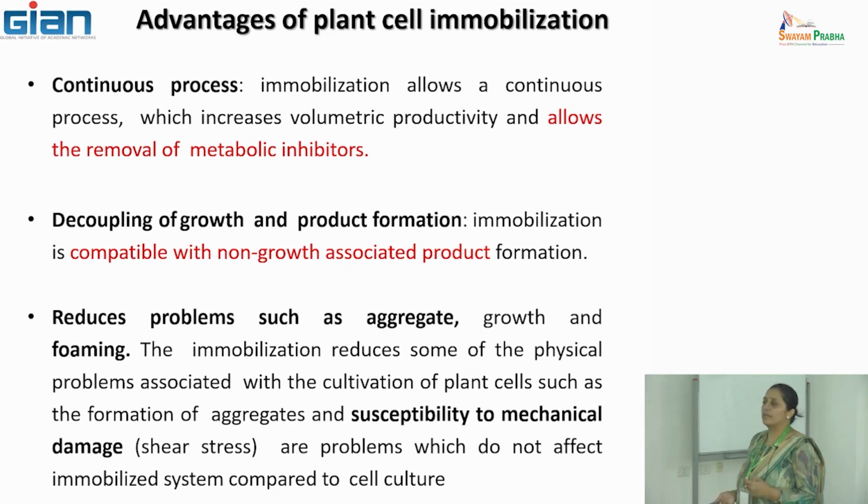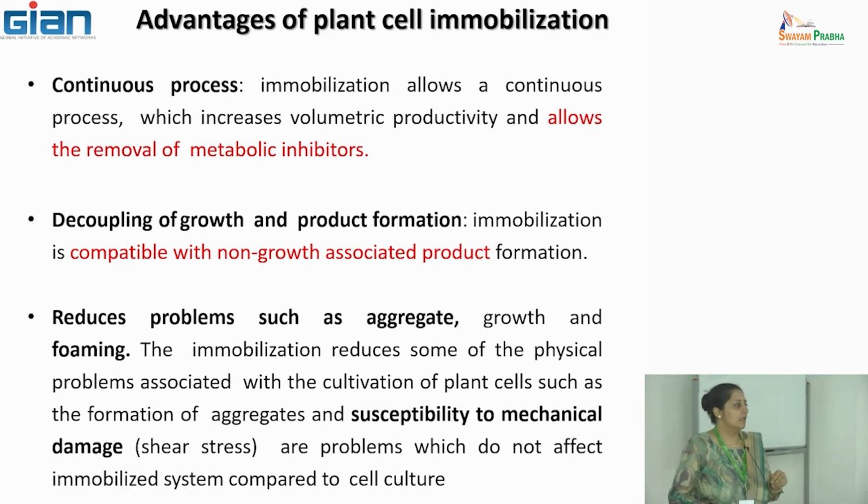Now, because these are immobilized systems, in comparison to free cell systems, the problem of cell aggregation can be avoided, which can be a problem because of the inherent property of cells to come together. So cell aggregation causes problems in mass transfer. So it's a rather different kind of cultivation.